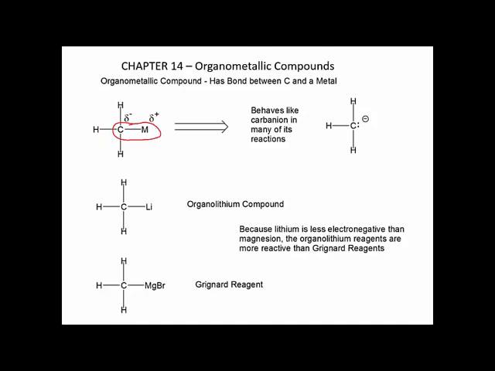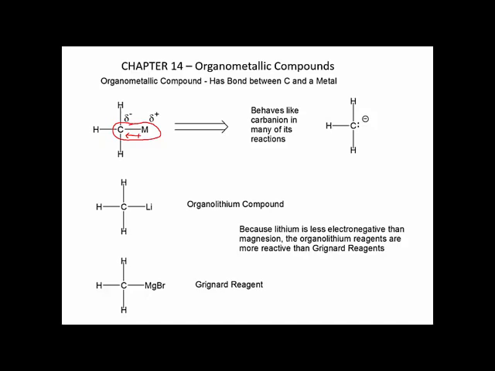Notice how almost all of the elements that we refer to as metals are less electronegative than carbon. So if you look at the dipole, it goes that way, so there's negative charge building up at carbon. And the less electronegative the metal, or the more electropositive the metal, the more negative charge character there is at carbon.